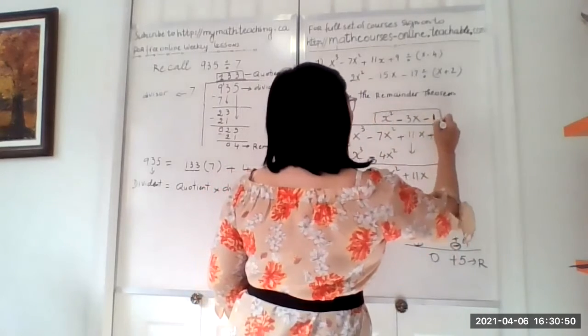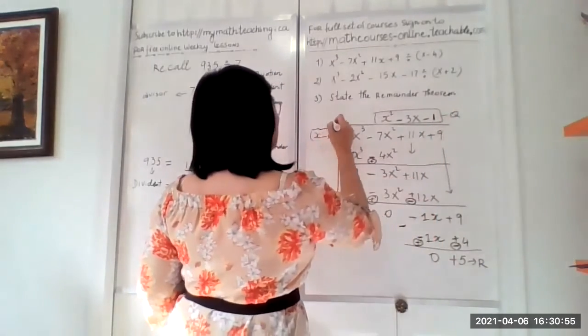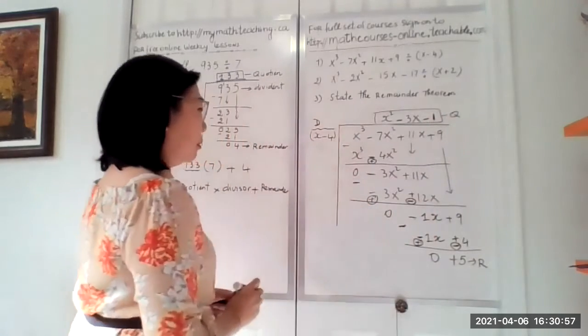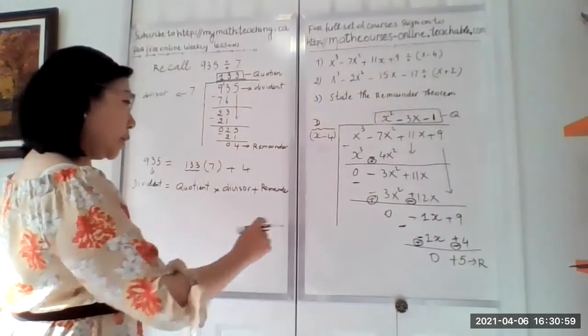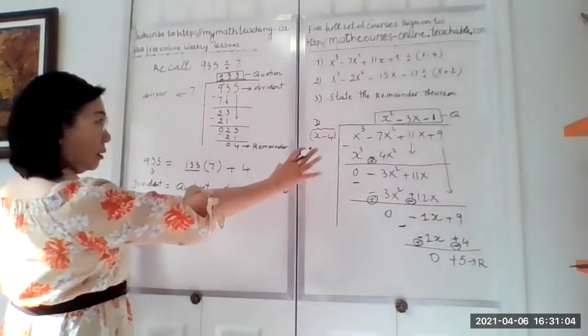And this answer will be a quotient. And this is a divisor. So now I'm going to write down the statement like this, right?